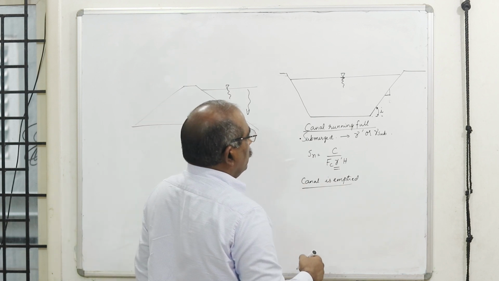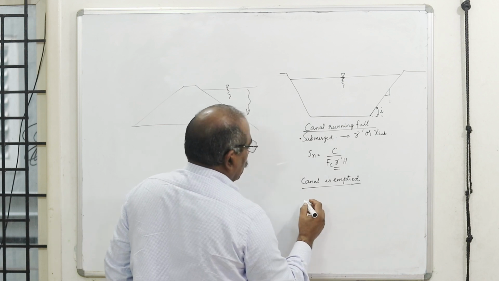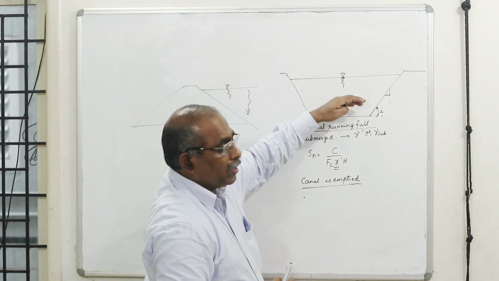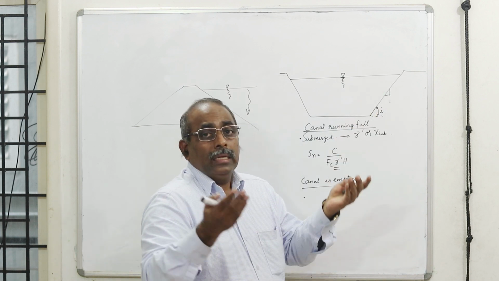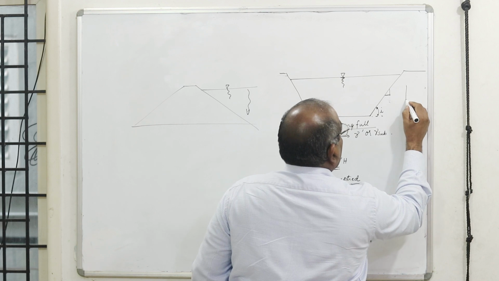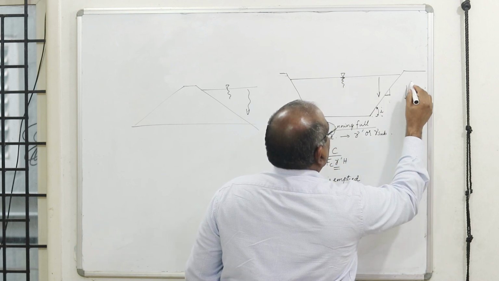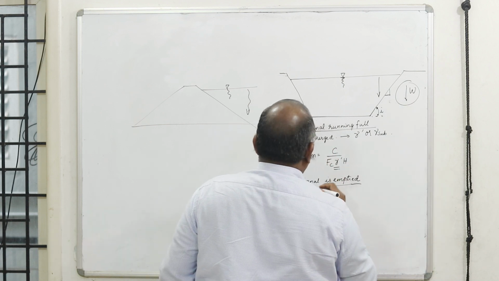For that condition also we need to evaluate the factor of safety. That becomes more critical. What happens when this level reduces? This was floating, there was some buoyancy. Now the weight increases. When there is a drawdown or a drop in the water level, this weight increases.